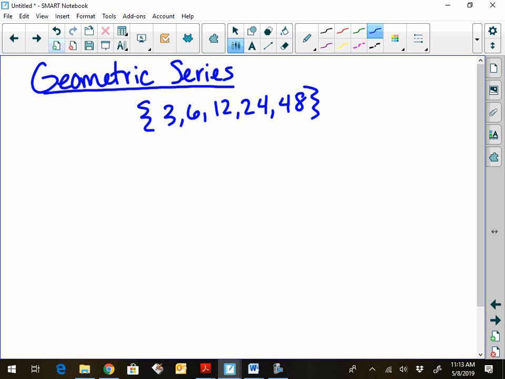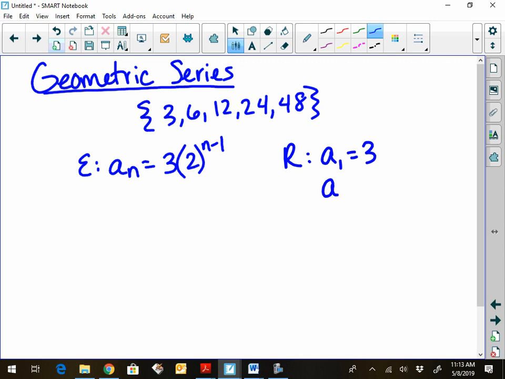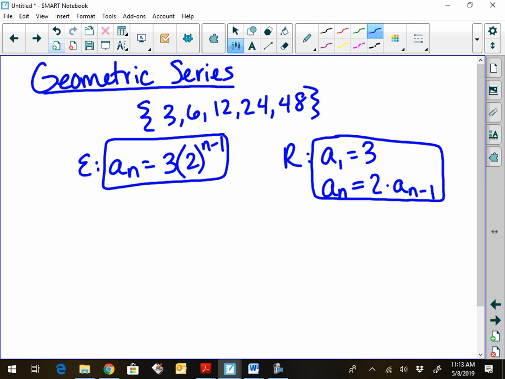We know our explicit form would be a sub n equals our starting number, which is 3, our common ratio, which in this case would be 2, to the n minus 1. Okay, our recursive form, a sub 1 equals 3, a sub n equals 2 times a sub n minus 1. Okay, so these, just a review for us, things that we should already have practiced.